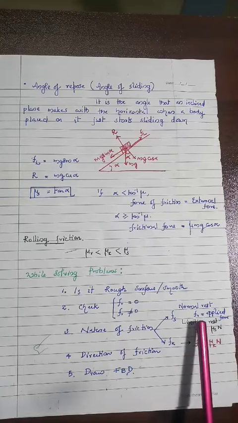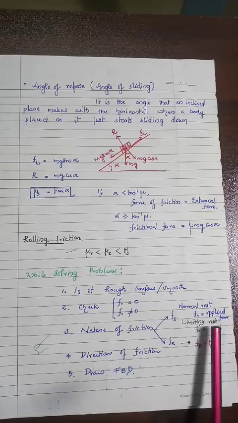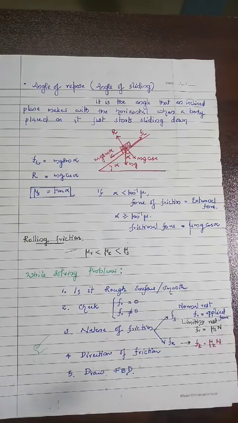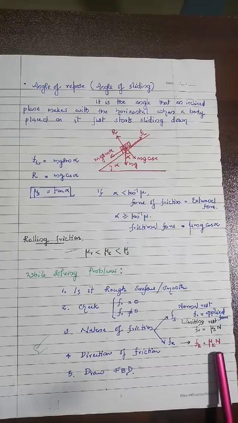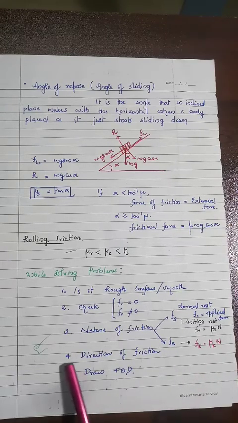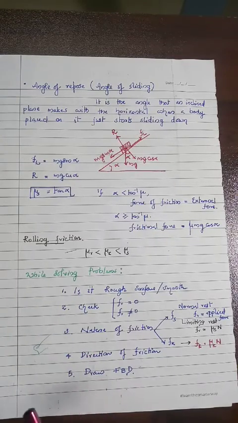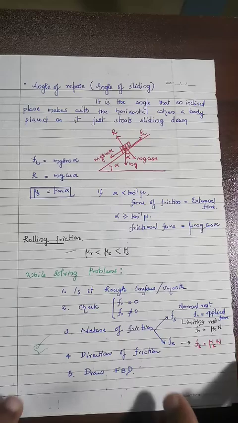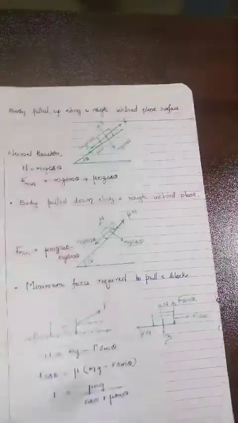If it is normal rest, the applied force is the force acting. If it is limiting, we can say the static friction. If kinetic, we can write mu k into N. And you just analyze the direction of friction. Then draw the free body diagram. So these 5 steps should be there while solving problems. See the question.